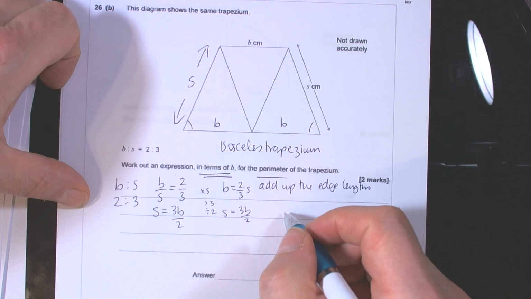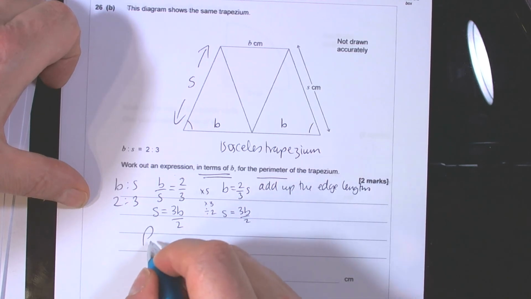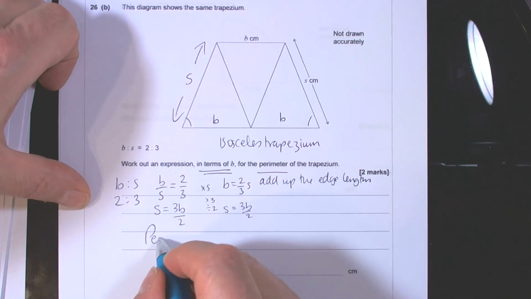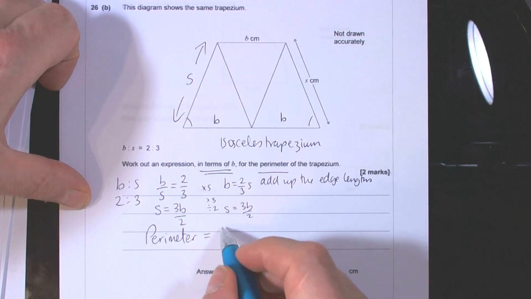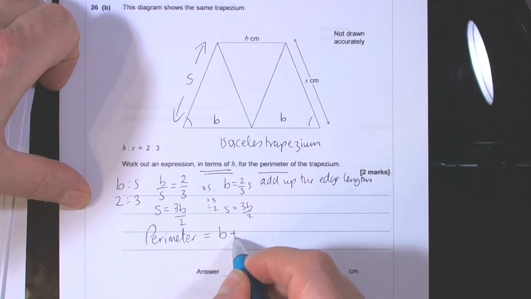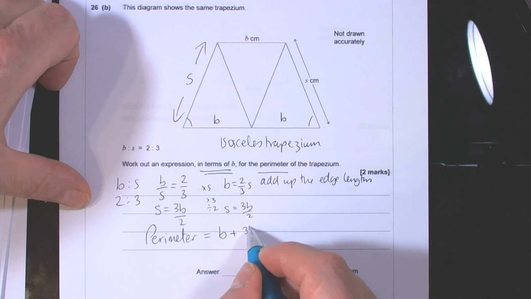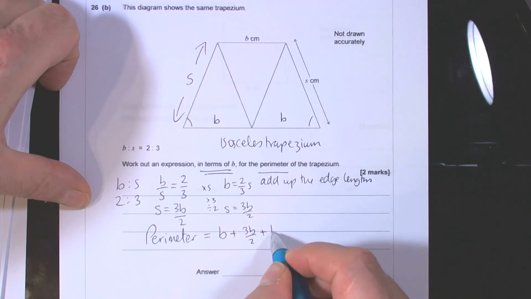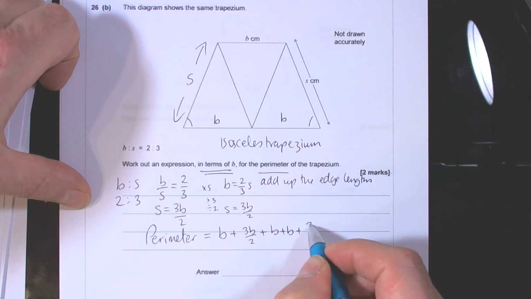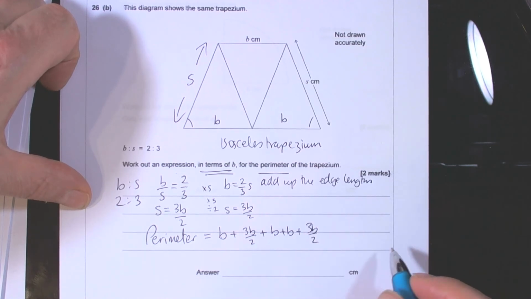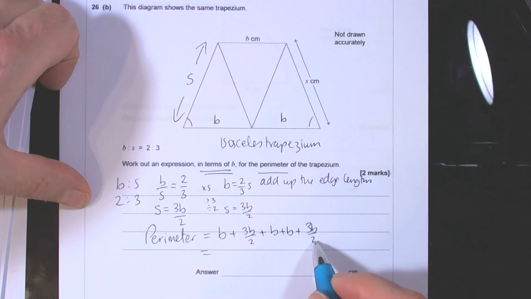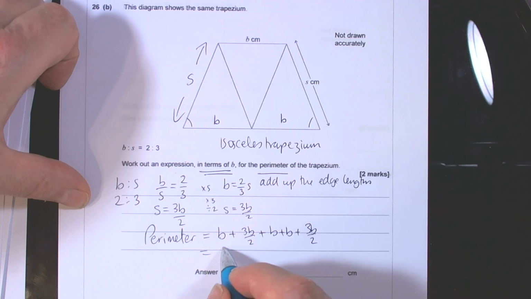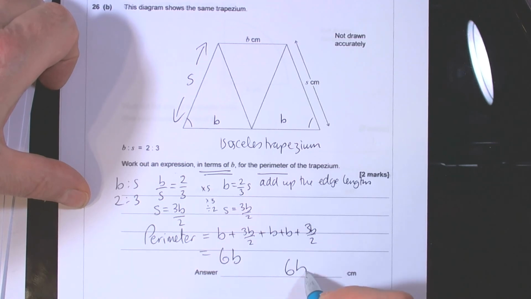If we want the perimeter, then the perimeter is going to equal b plus 3b over 2 plus b plus b plus 3b over 2. So we've got 1.5b plus another 1.5b is 3b, plus the other 3b makes 6b altogether. So the answer here will be 6b.